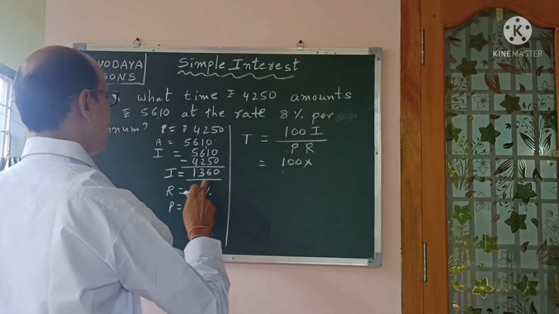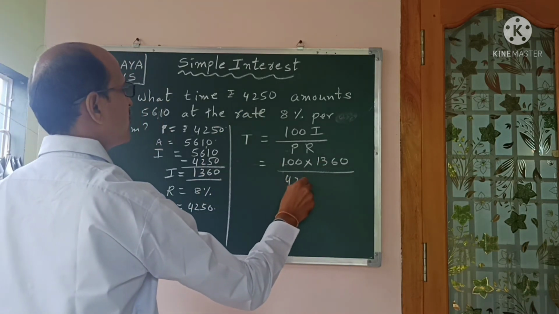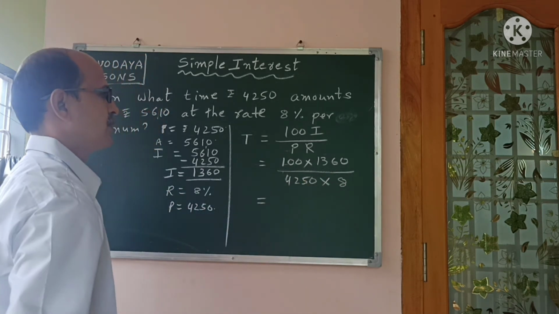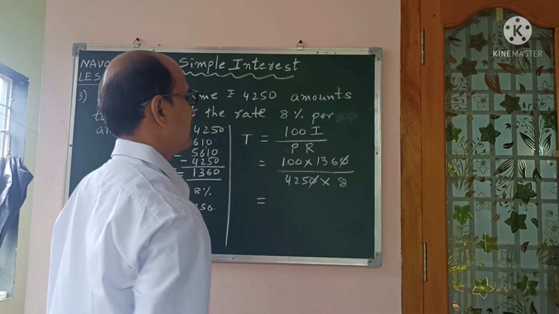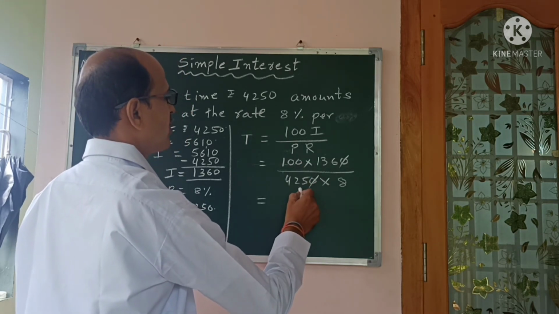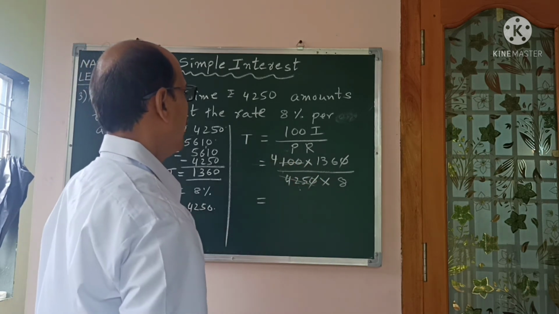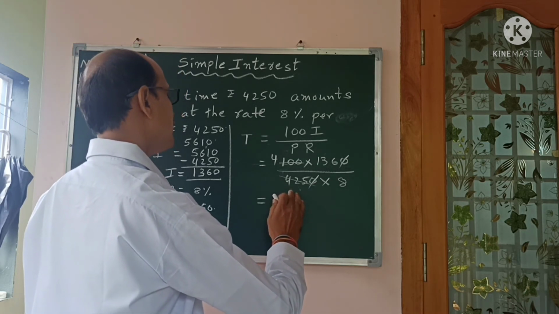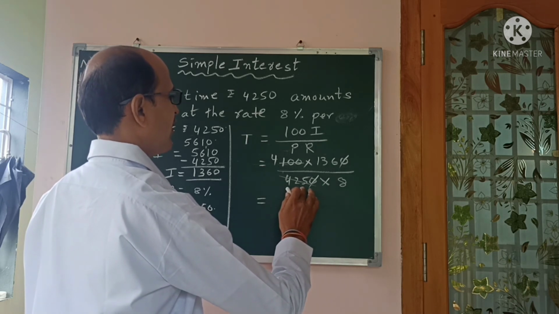100 into I means 100 into 1360 by P. What is P? 4,250 into R, 8. Now simplify this. Now cancellation. Cancel the zero. Here we can cancel the 25 table. 25 fours are 100. 4 16. And in 25 by 70.